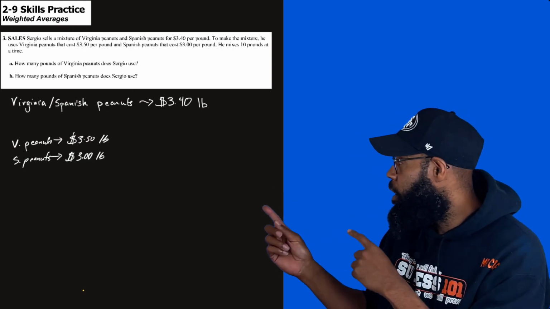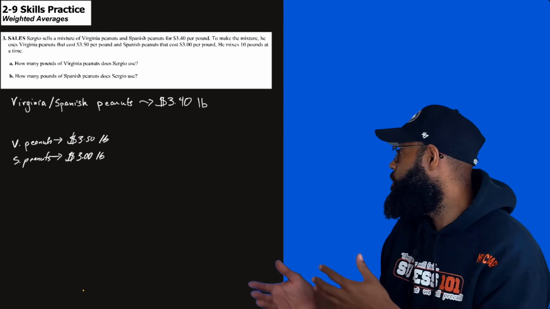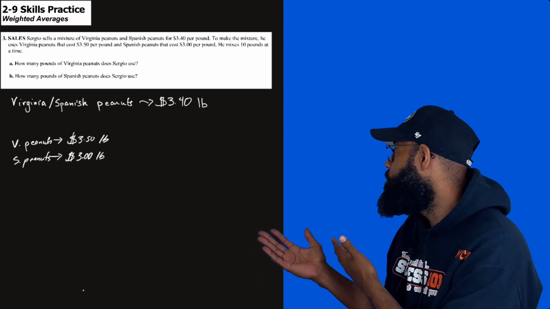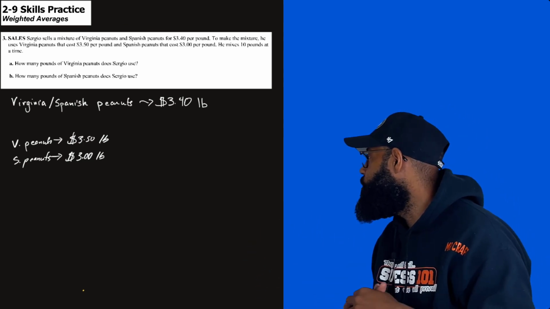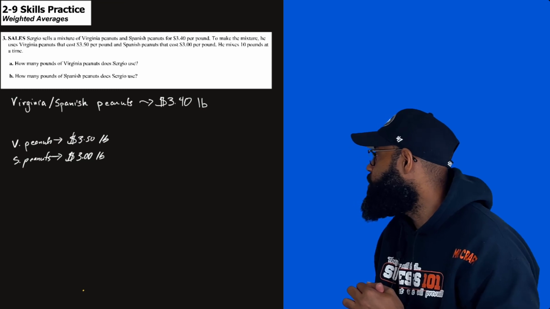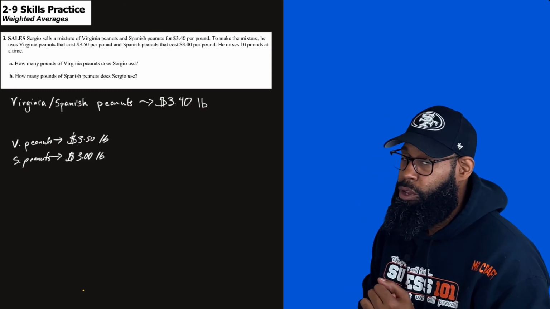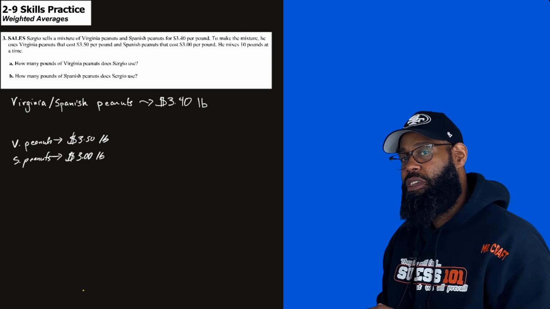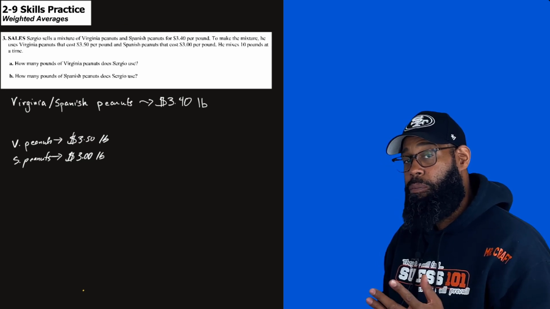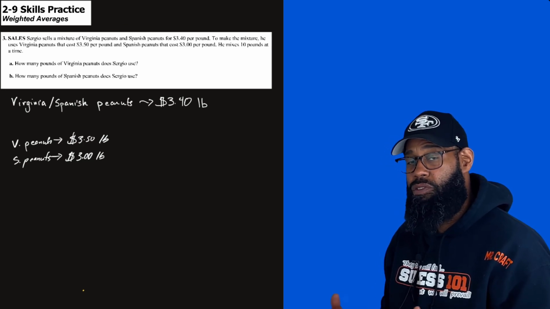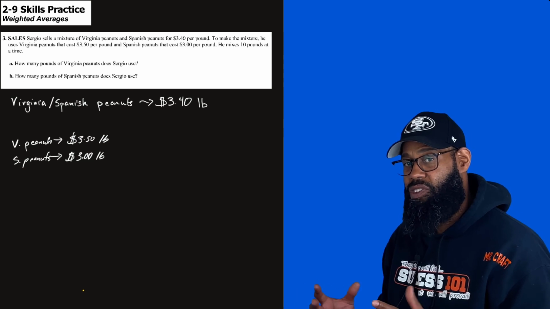Then the second pound, how much, right? But we gotta get a total of how much? $3.40. And that's for the mixture. So I'm gonna leave it at that, guys, because whether you're talking about 1 pound, 5 pounds, 10 pounds, the mixture is gonna always be consistent.